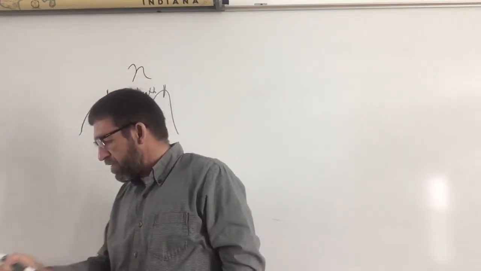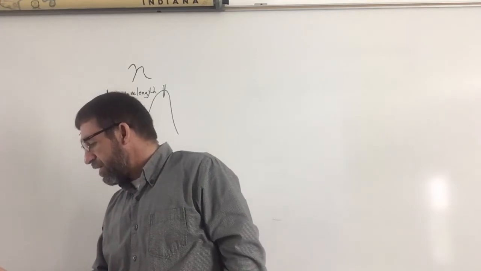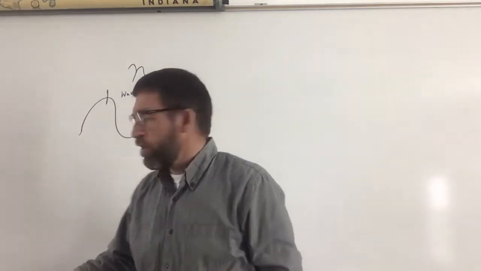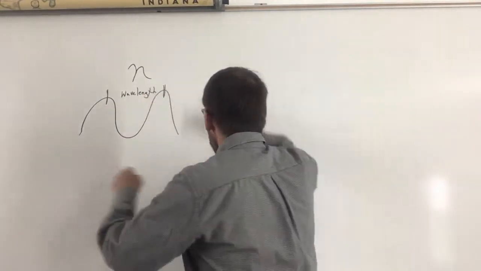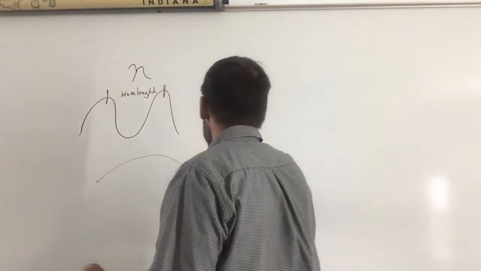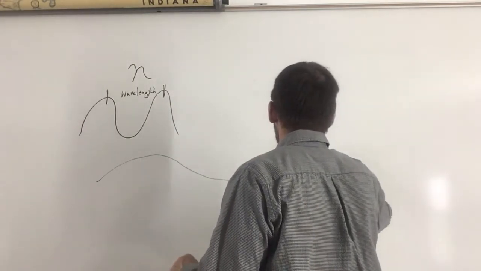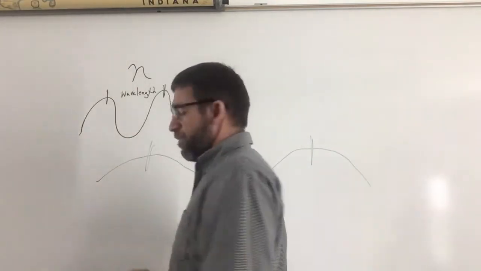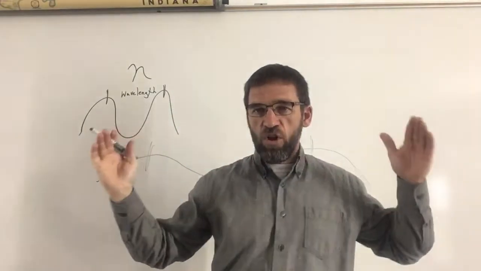On 352 it says when a wavelength is large, frequency is small, and vice versa. When a wavelength is large, okay, it starts out here and then goes down, and it's large. So you're from here to here. When that wavelength is long, can you see there?